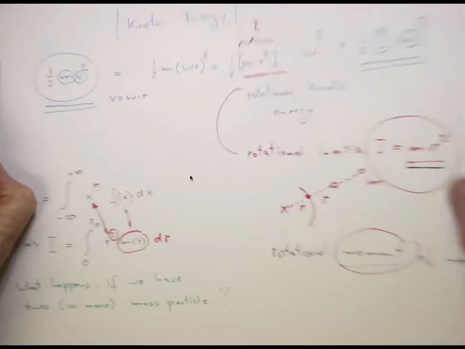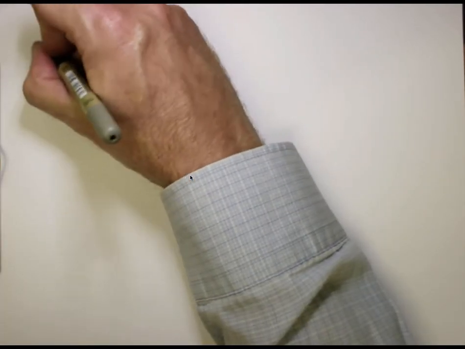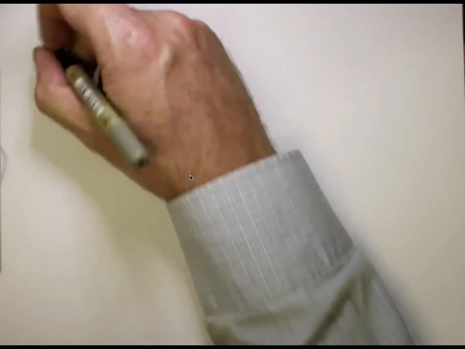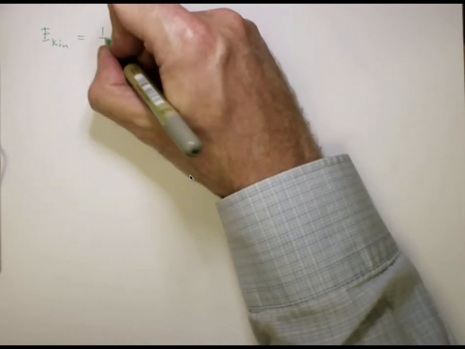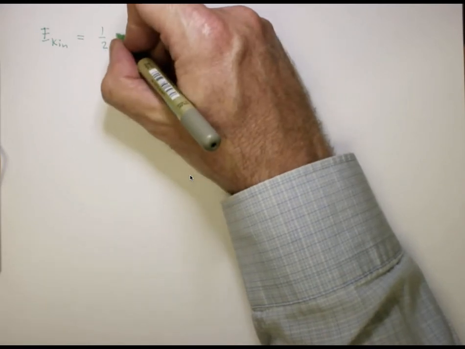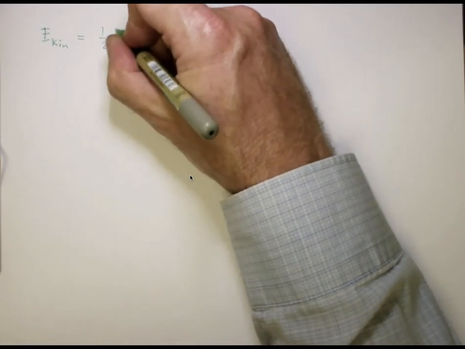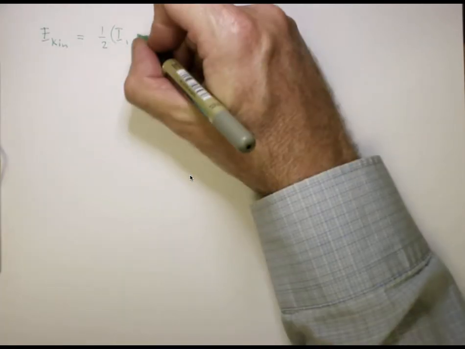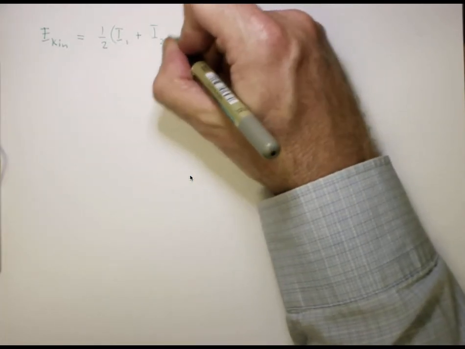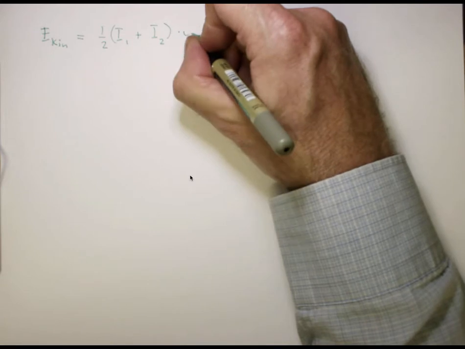Well, they're both adding inertia, so the simple answer is, let's first write down the kinetic energy. The kinetic energy is now the kinetic energy associated with the first particle, which has the moment of inertia I1, plus that of the second particle, times omega squared.